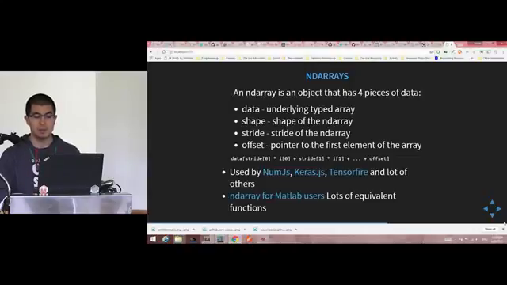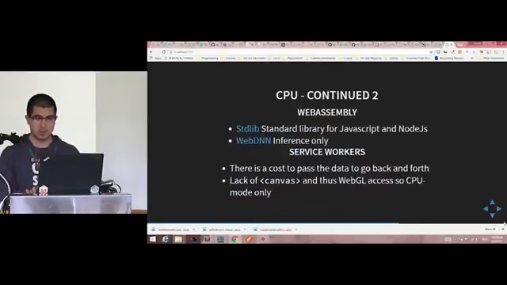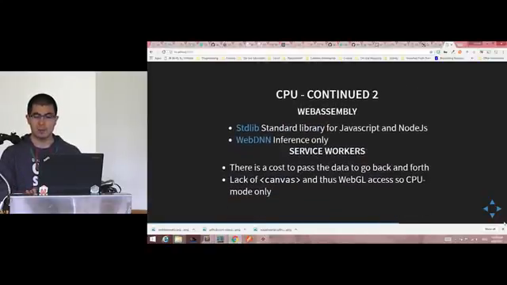So TensorFire is the latest library. It uses ND-arrays, but it also uses WebGL under the hood. So other ways to do calculations on the CPU is using WebAssembly.